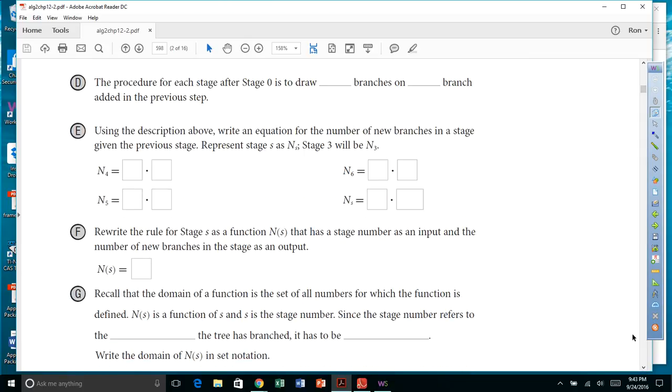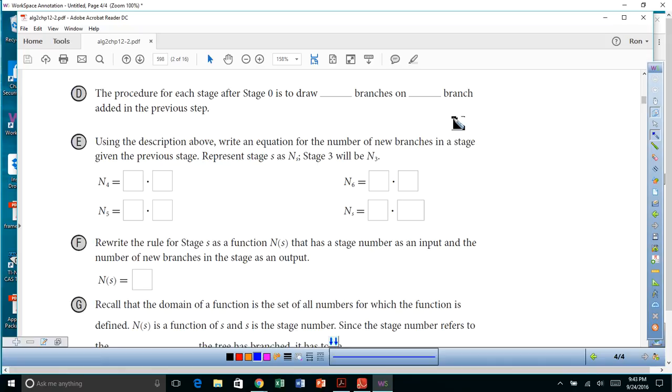The procedure for each stage after stage 0 is to draw 2 branches on each branch. Using the description above, write an equation for the number of new branches in a stage given the previous stage. Let's represent stage s as n sub s, and stage 3 will be n sub 3.